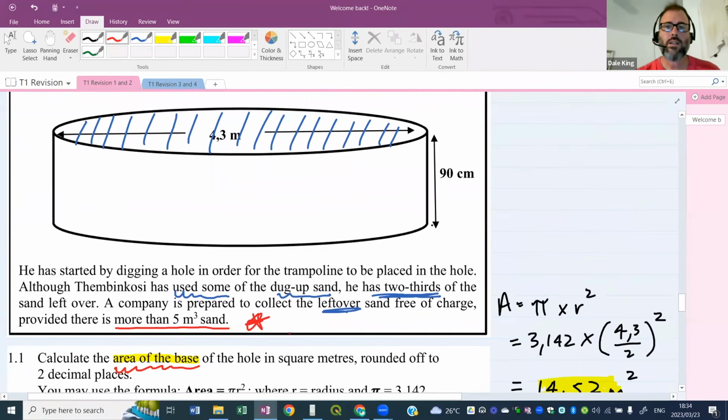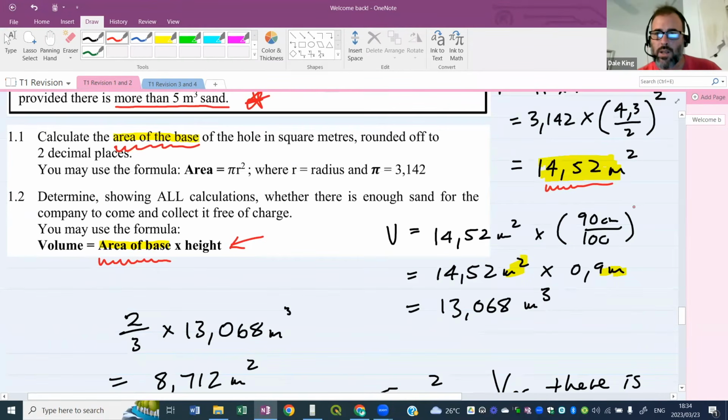So the height comes from this dimension here. On the drawing, it's 90 centimeters. Remember in the beginning, I said we're going to need to convert that, especially if we're working in meters cubed. So that 90 centimeters we had to convert. And if you look at my calculation over here on the right-hand side, that's where I converted it. I said 90 centimeters divided by 100 will change me to meters. And I need to be in meters for this question. Okay, that's it, Ari. Good.